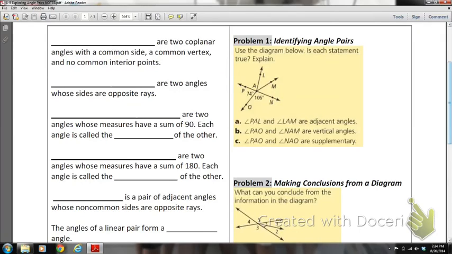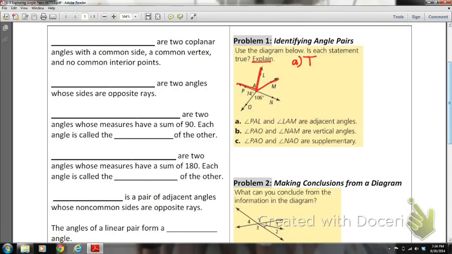In problem 1, we're identifying angle pairs. We're going to use the diagram and determine if each statement is true and explain why it is or why it is not true. The first question, A, is asking about angle PAL and angle LAM and asking if they are adjacent angles.